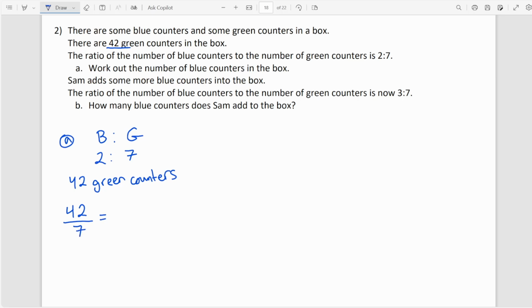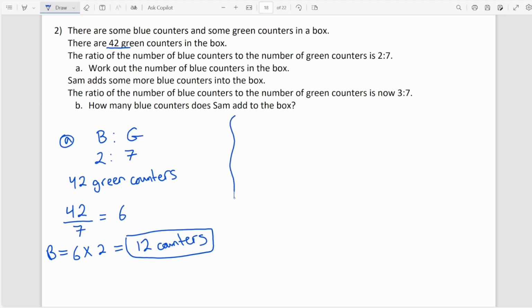Okay, 42 divided by 7 will give you 6. So now I know this is basically the counters per part. I will multiply it by 2 to find the number of blue counters, and we're going to get 12 blue counters. Okay, so this is the final answer for part A.